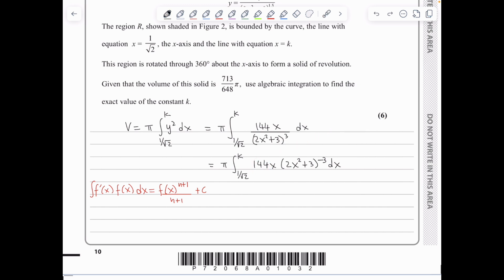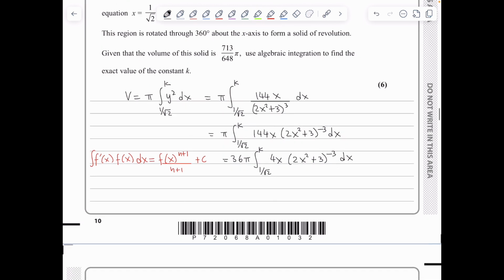So we're dealing with 36 pi, the integral from 1 over root 2 up to k of 4x times 2x squared plus 3 to the minus 3 dx. So now we've got exactly the derivative of the bracket here, so I can proceed. We're looking at 36 pi times 2x squared plus 3 to the minus 2.